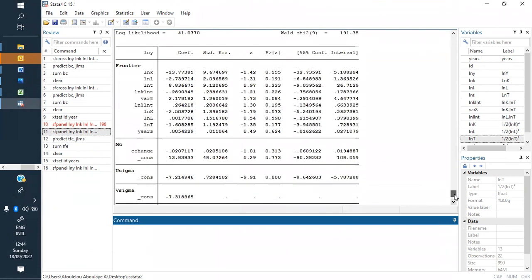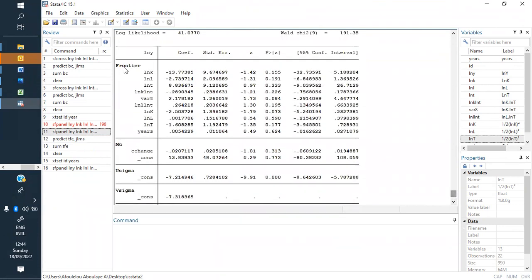The frontier we are using here, we do not spend a lot of time on, since we are just estimating technical efficiency. Then we can just not talk about those. And now here the inefficiency is generated.